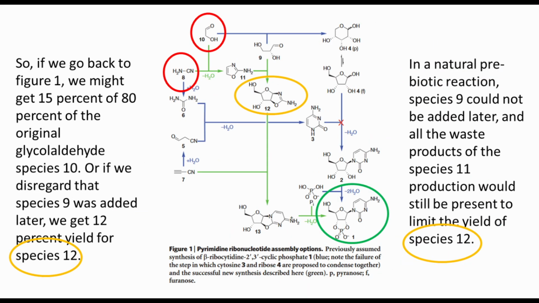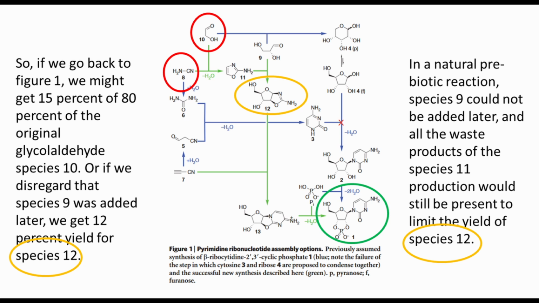So, if we go back to figure 1, we might get 15% of 80% of the original glycolaldehyde species 10. Or, if we disregard that species 9 was added later, we get 12% yield for species 12.